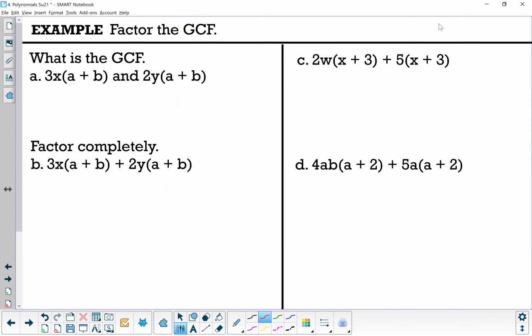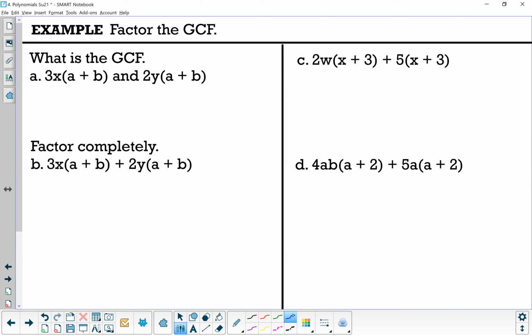Okay, up until this point, all of our GCFs have been monomials, but that is not always the case. A GCF can really be any factor. So if we look at the expressions that are given for part A, it says, what is the GCF? 3x(a + b) and 2y(a + b).